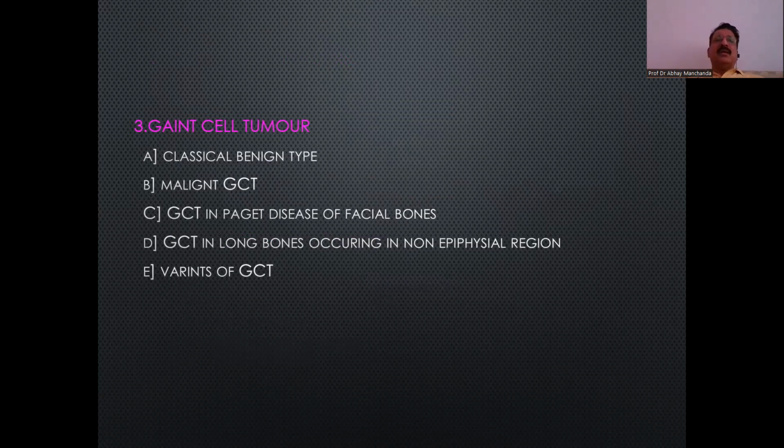They can be classical benign type or they can be malignant GCT. They can be GCT in Paget's disease of facial bones. They can be GCT in long bones occurring in non-epiphyseal region. Or lastly, the fifth variety can be variants of GCT.